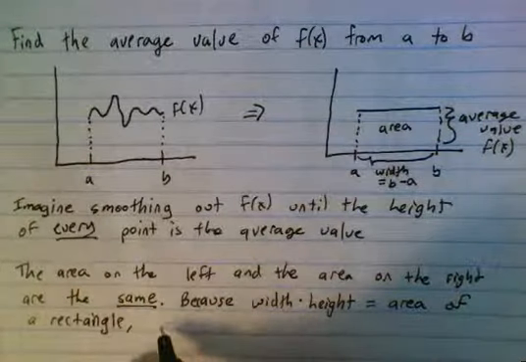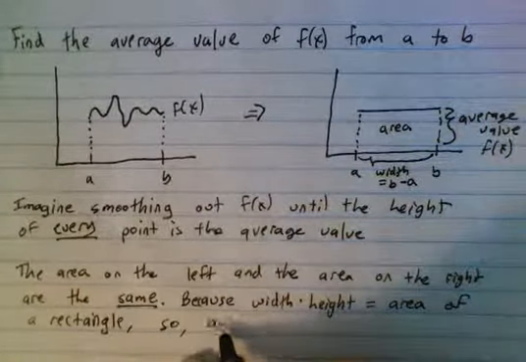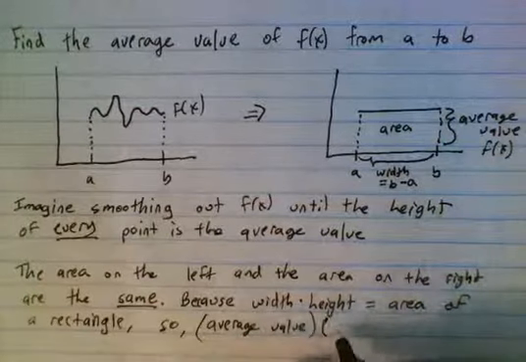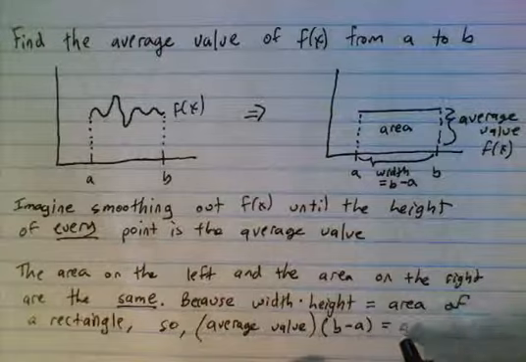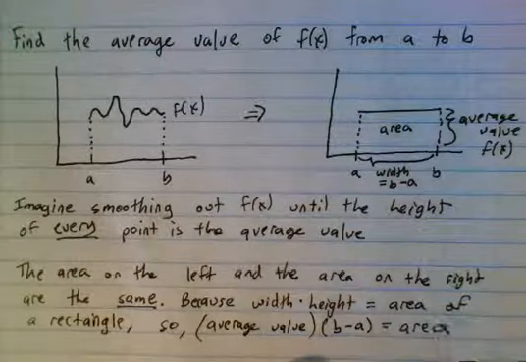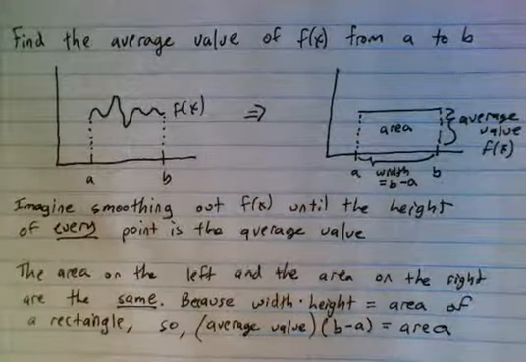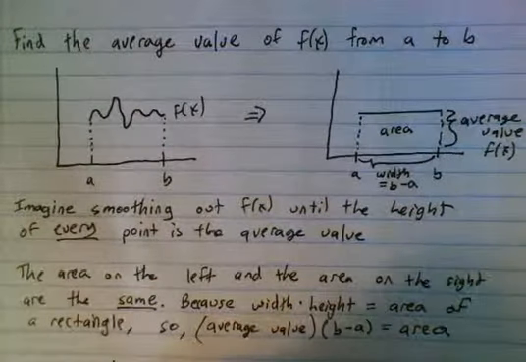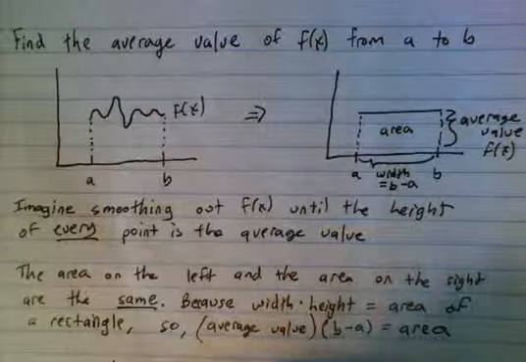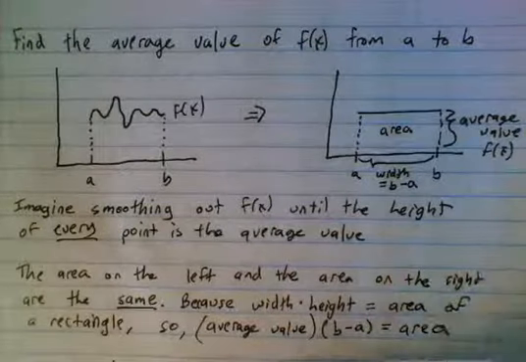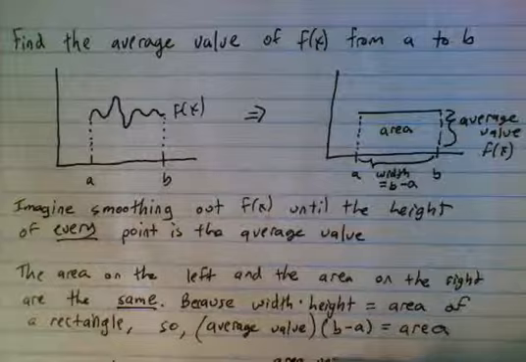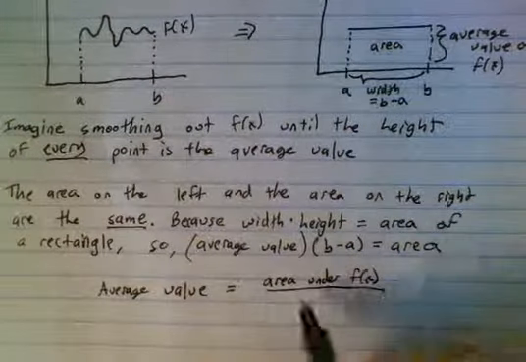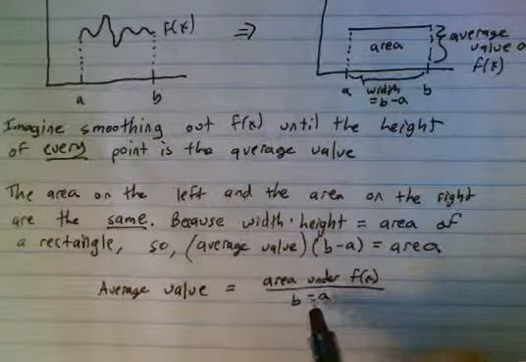So if we want to find the average value, that means that average value is the area under f of x divided by this b minus a.